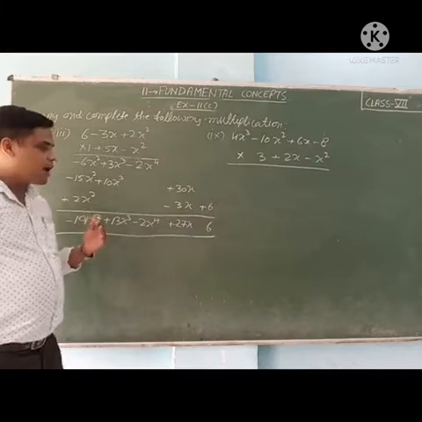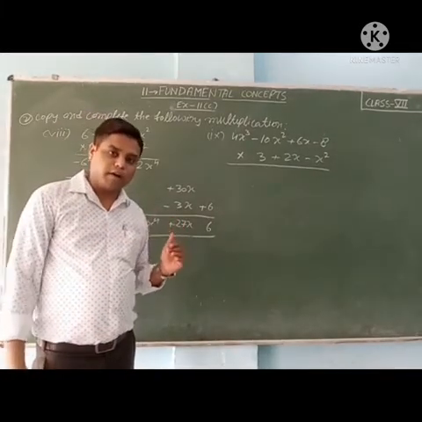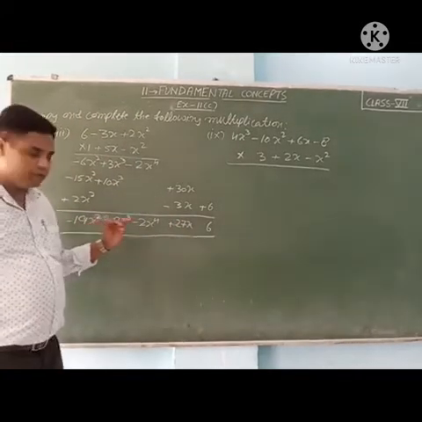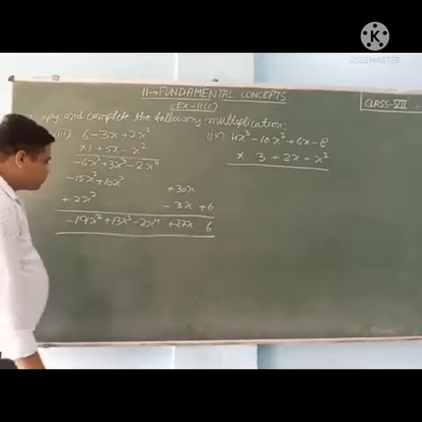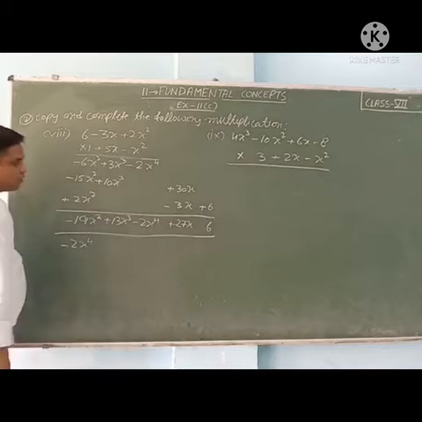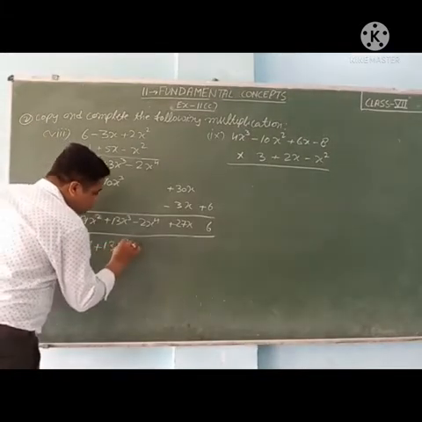Students, one more thing now. If terms are arranged according to the decreasing order of power, so it will be better. So we will arrange the terms in decreasing order of power. So first we will write minus 2x raised to the power 4. Then plus 13x cube.